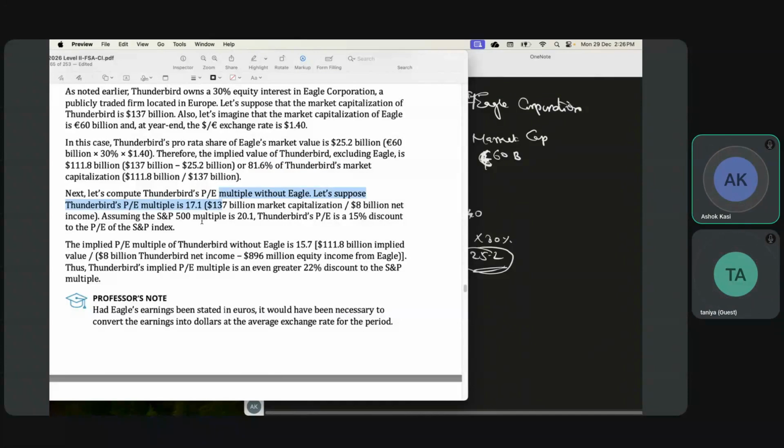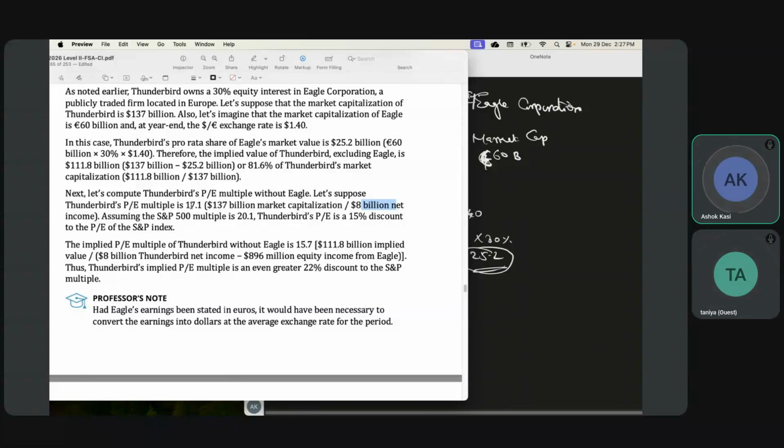Similarly, now we have to calculate the P/E ratio. So P/E multiple without Eagle. Let's suppose Thunderbird's P/E multiple is 17.1, and this is market capitalization to earnings. Assuming the S&P 500 multiple is 20.1, Thunderbird's P/E is at a 15% discount. How?